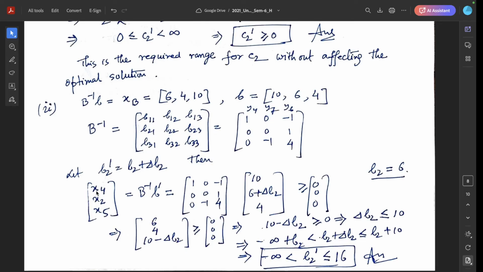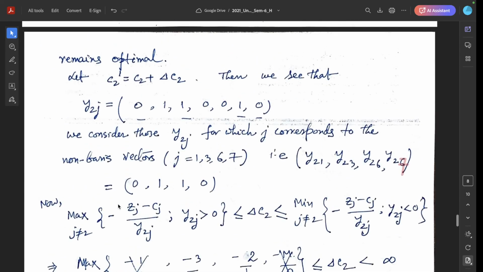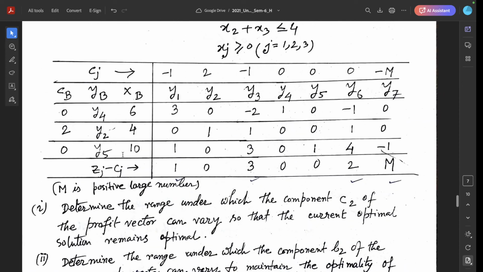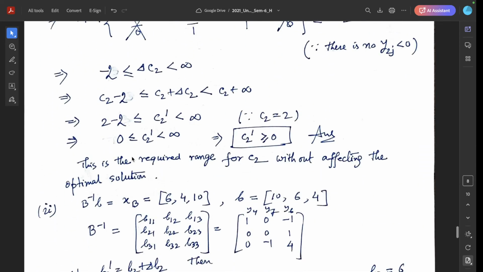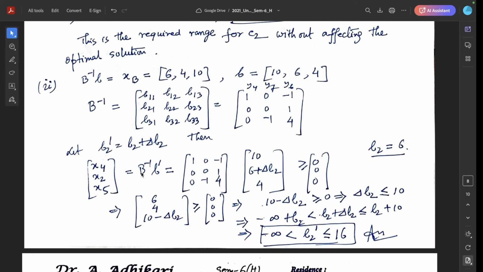And so this x4, x2, x5 from the table is equal to B inverse B dash. So B inverse is this 1, 0, 0, 0, 0, 1, minus 1, 1, 4, and B dash is 10, 6 plus delta B2, 4.